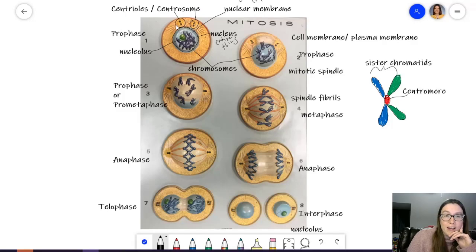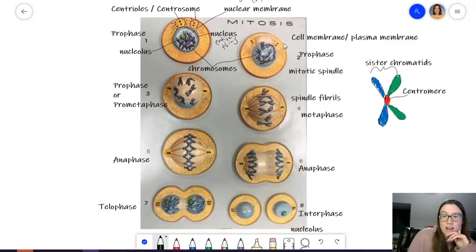Radiating out around them, these are called the asters or star asters. We didn't talk too much about those. These start out near each other because they replicated, but they are going to eventually move to opposite poles of the cell, as we'll see as we go through mitosis.